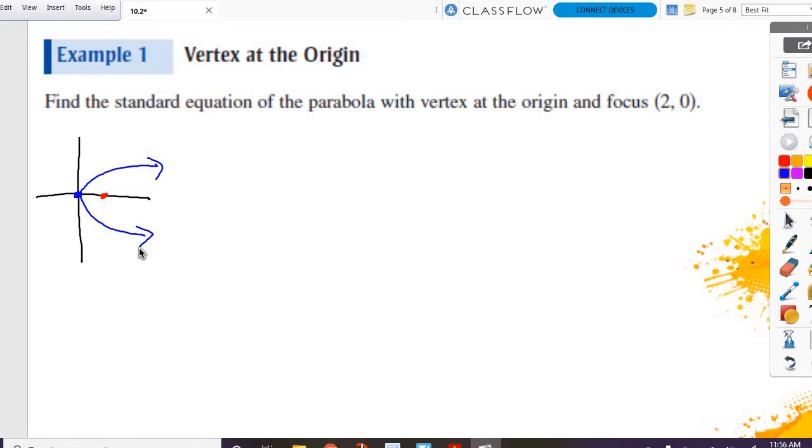Okay. So which equation am I going to be using? The one with x squared or the one with y squared? Y squared. Okay? So remember that that one is y minus k quantity squared equals 4p times x minus h.